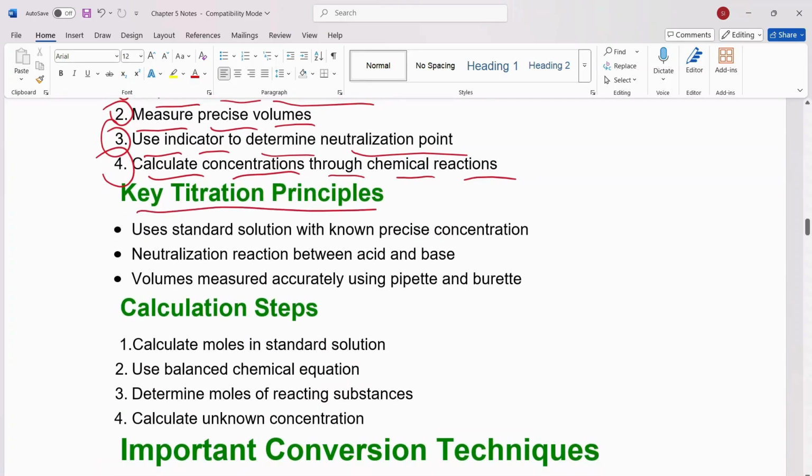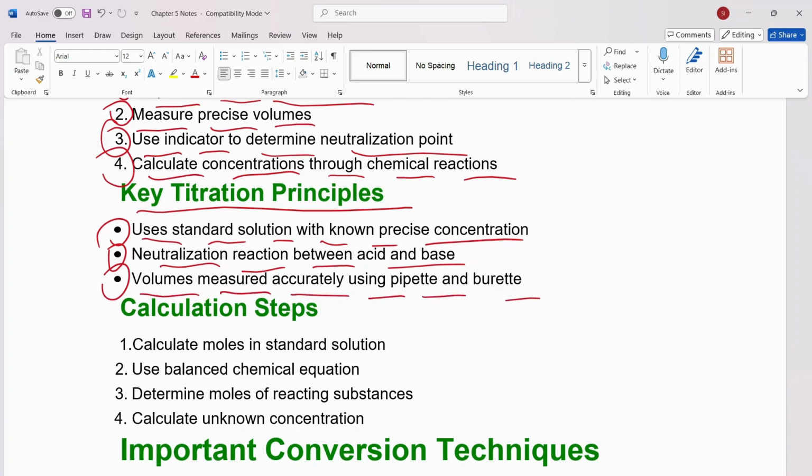Key titration principles important to learn: uses standard solution with known precise concentration, neutralization reactions between acid and base, and volumes measured accurately using pipette and burette.